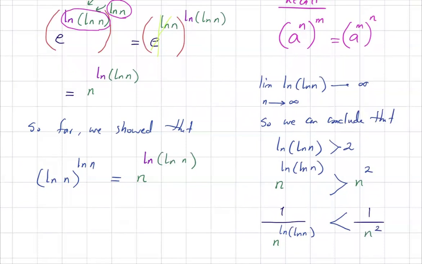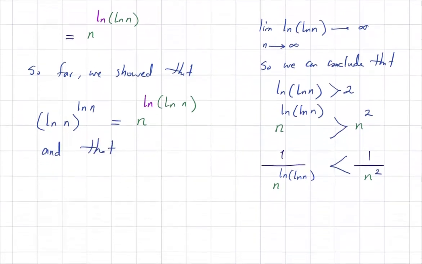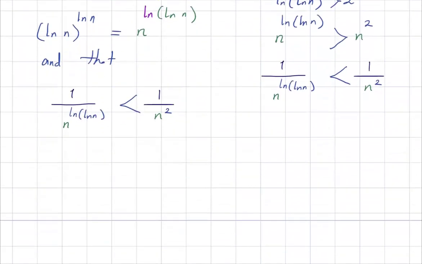And we also showed that 1 divided by n to power ln of n is less than 1 divided by n squared. Let me just take this one and copy it here. Now we can apply the comparison test.